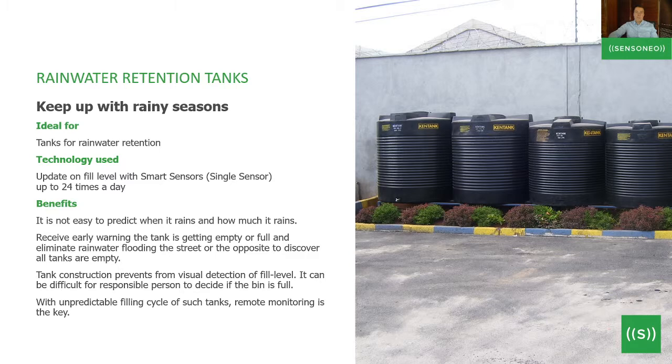From the first point of view, you want to monitor the level of water inside the retention tank to make sure it does not get too full. Otherwise, you again cause flooding of the road or the pathway. From the second point of view, you want to accumulate that water, and you want to know how much water is left there, so you can manage your watering and other water collection purposes really well. Having a single sensor inside would be great for this kind of application.